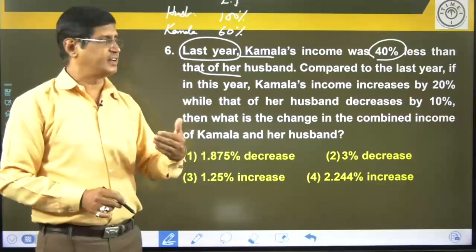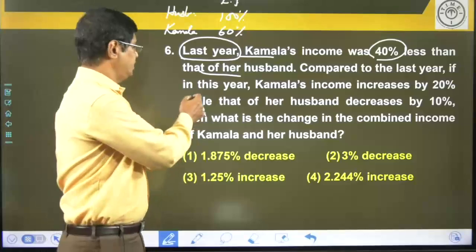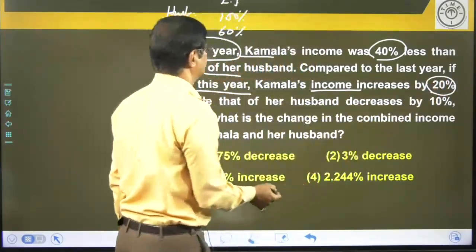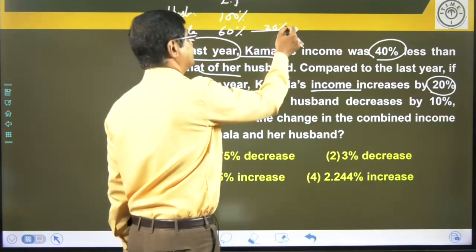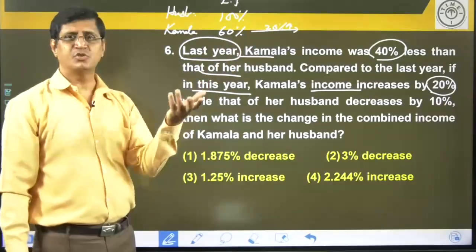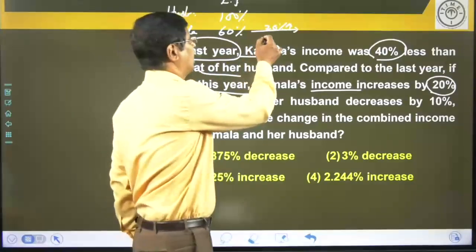Now what about the present year? Present year, how it is? Compared to the last year, if this year Kamala's income increased by 20%, 20% increase means how much? 10% on 60 is 6. So 20% is 12.